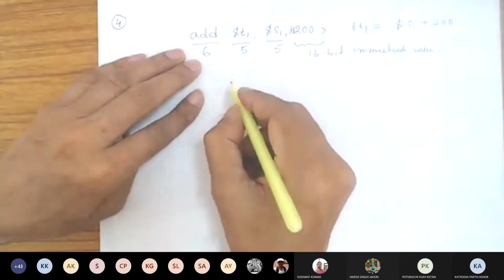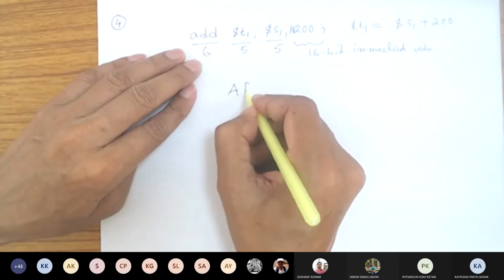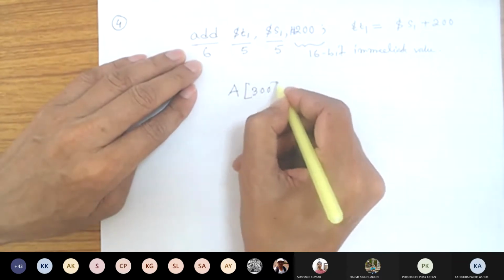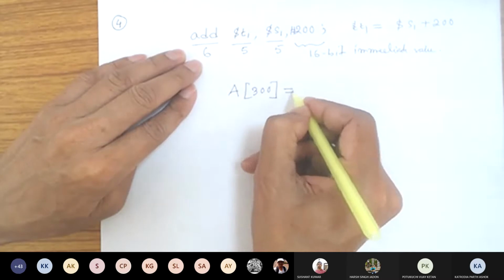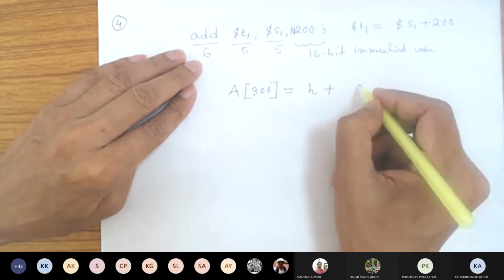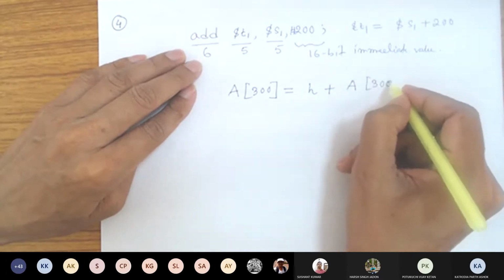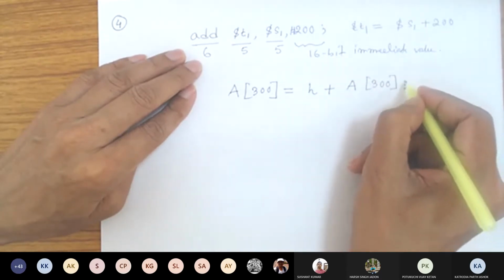So if I write something like A[300] = H + A[300], this is a high level instruction.